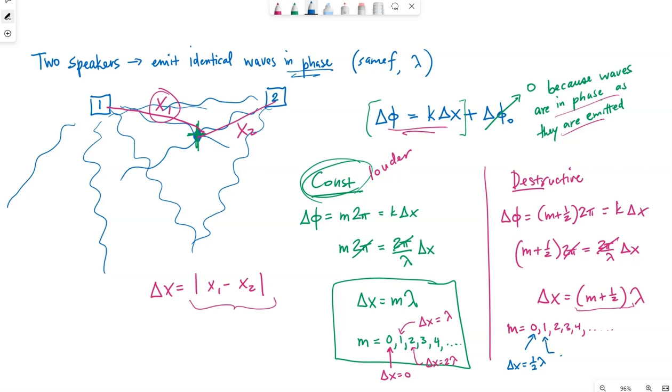M equals 1, delta x would be 1.5 wavelengths farther, and so forth. Destructive would be quieter. The sound would be quieter. If we could ensure we were listening to only these two sounds, technically the sounds would cancel each other out.